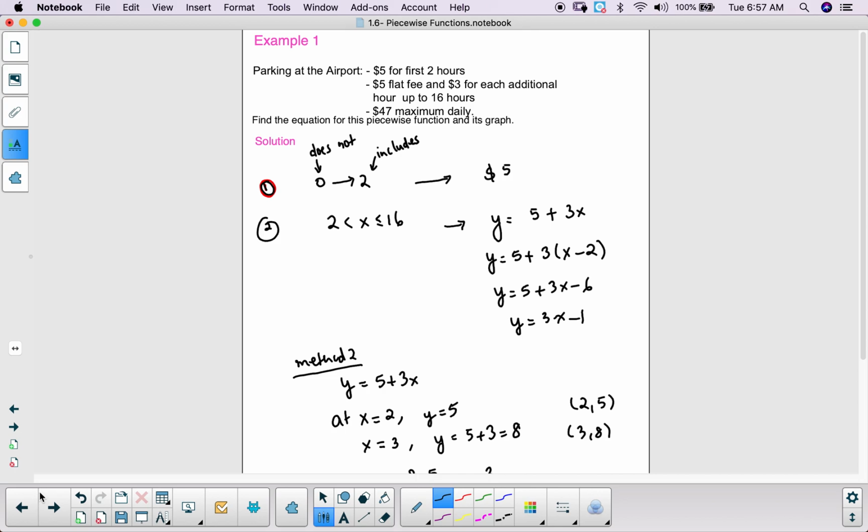You're also asked in this question to find the equation and its graph.